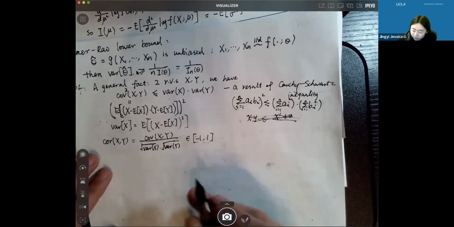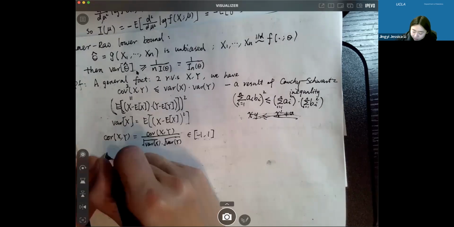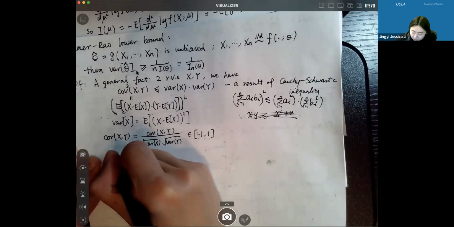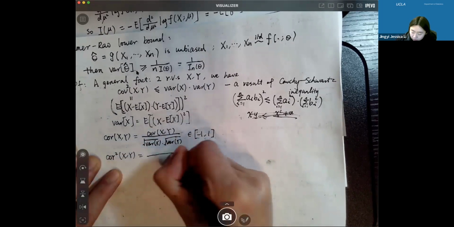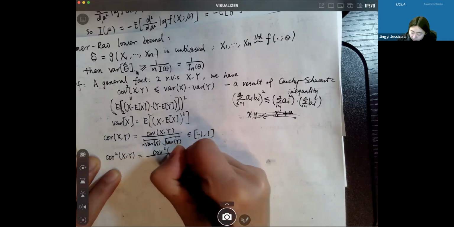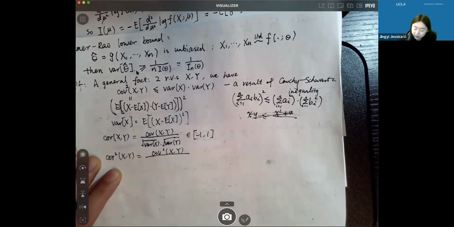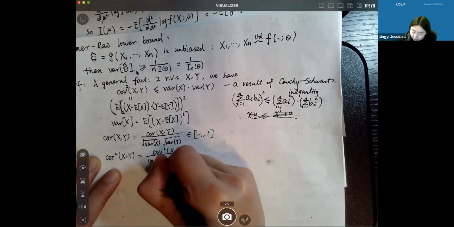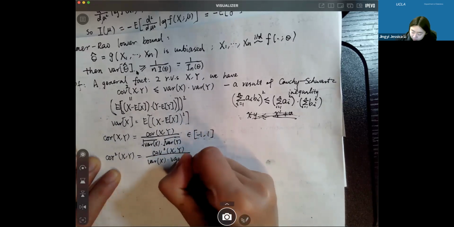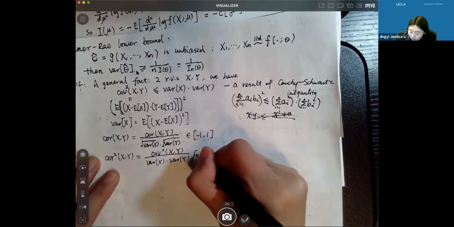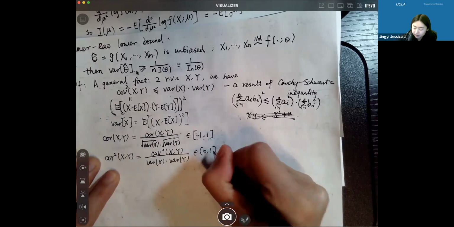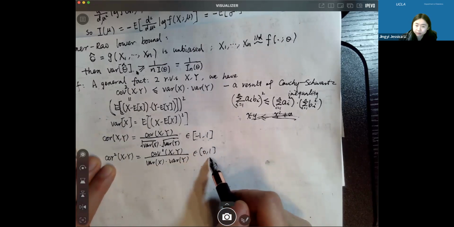And then you can see what we have here. This one can be obtained by squaring the Pearson correlation. If you do the square, you would have the covariance squared of x and y divided by the variance of x divided by the variance of y. So clearly, this would be between just 0 and 1, right? Because the -1 becomes 1 after you do the square.